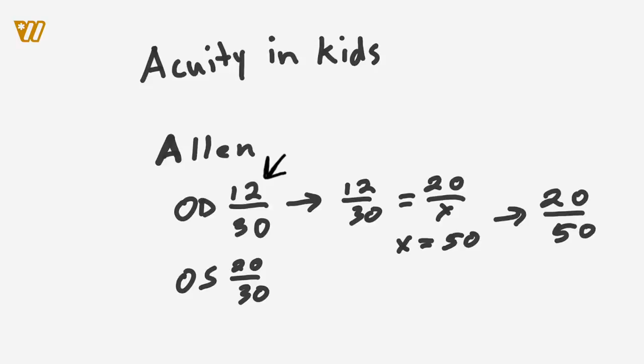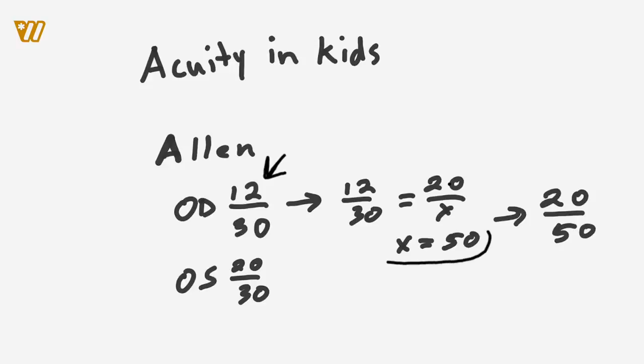To convert that, in the right eye, we take 12 over 30, because at 12 feet, they can see a 30 letter size. So we say, okay, at 20 feet, what letter size do we need? And we cross multiply. You take 12x and 30 times 20, and when you work that out, x is going to be equal to 50.